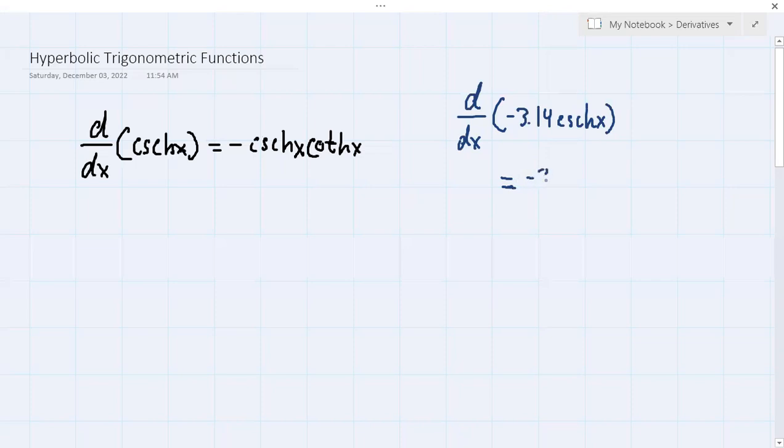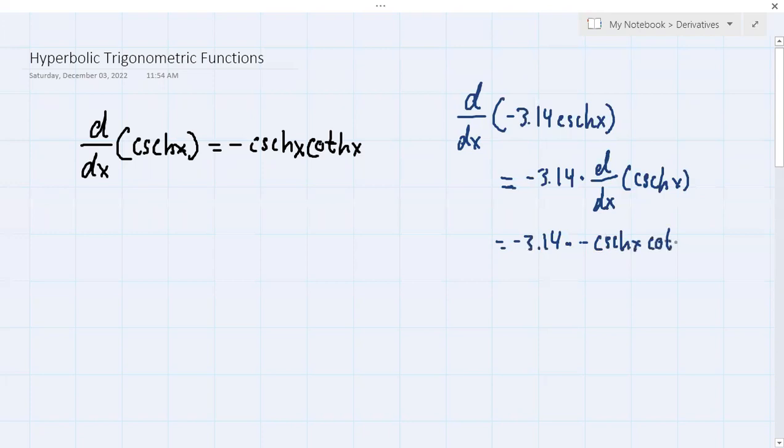So, mangyari yan, we will have negative 3.14 times the derivative of cosecant hx. So, in here, magiging negative 3.14 times derivative ng cosecant hx, we will have negative cosecant hx times cotangent hx.